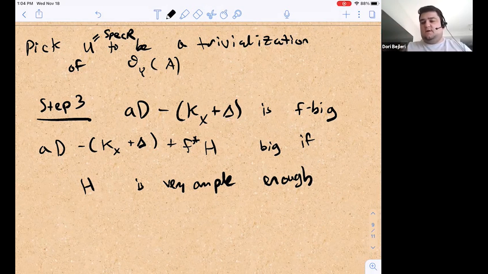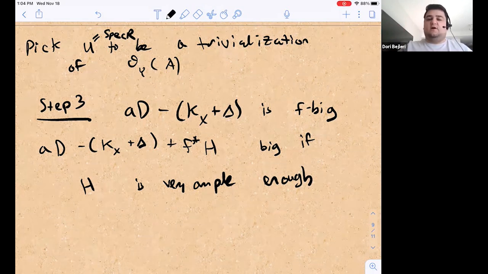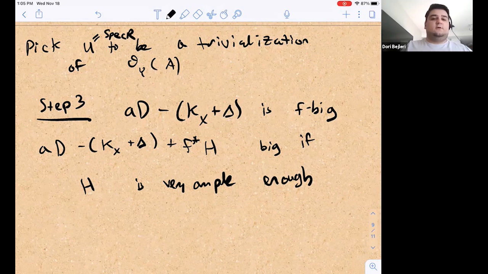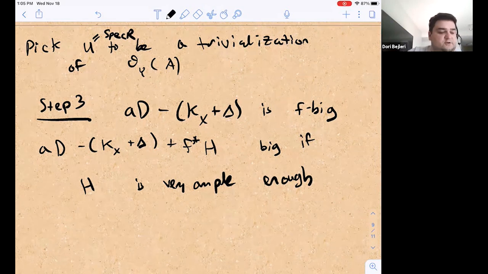But then we're twisting by this very large ample, and so downstairs we'll get some vector bundle of the right rank that's twisted by some large ample, and then Riemann-Roch will tell us that the growth rate of sections of that vector bundle is what you'd expect. And so then the sections of the pushforward are the dimension you'd expect, so the sections upstairs are the dimension you'd expect. That's roughly the idea of the step, but I'll leave the verification for you to check.